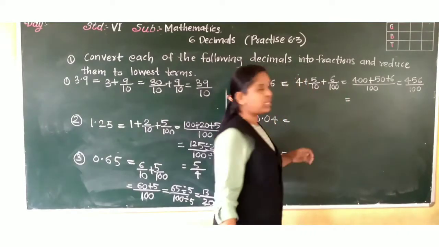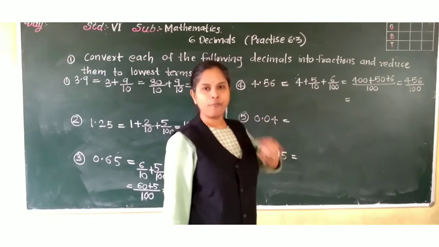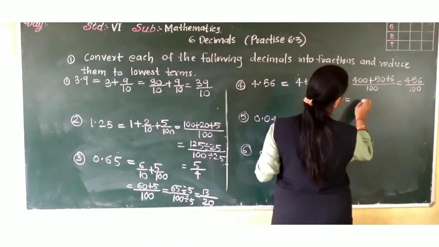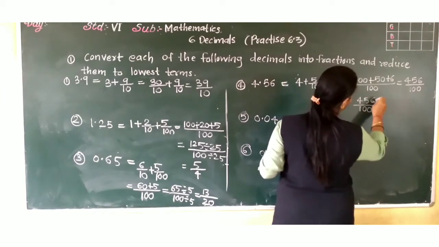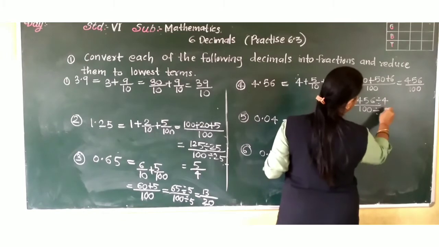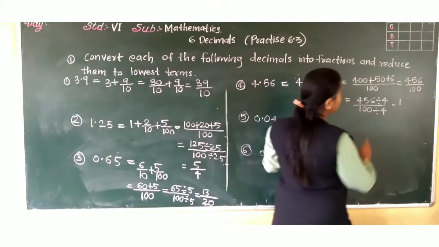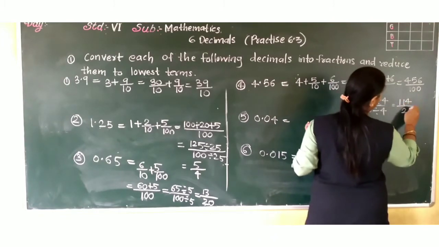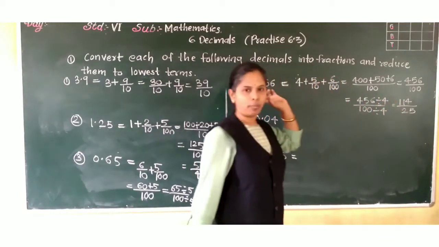Now, what is the HCF of 456 and 100? It is 4. So, divided by 4. Okay. So, the answer is 4 ones are 4. Then this 4 ones are 4. 4 fours are 16. And this is 20. Okay. So, this is the reduced form.